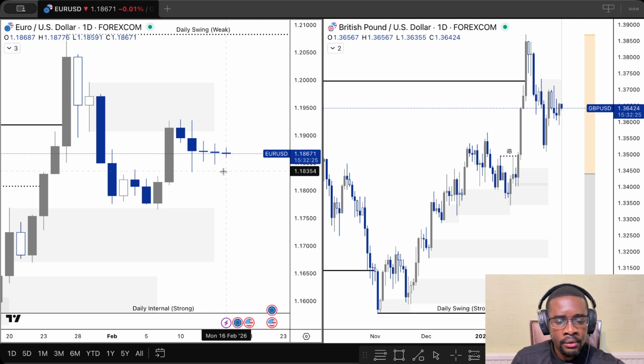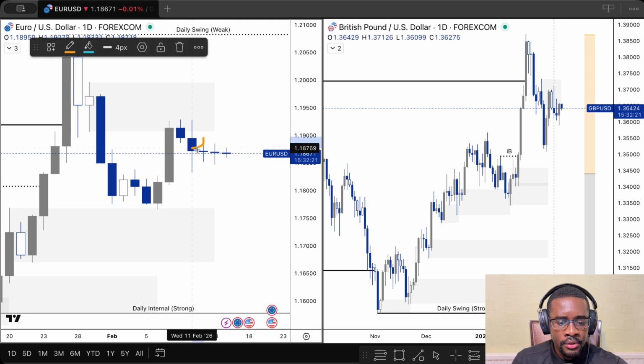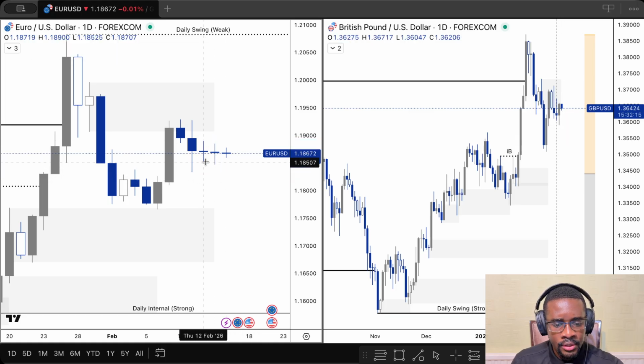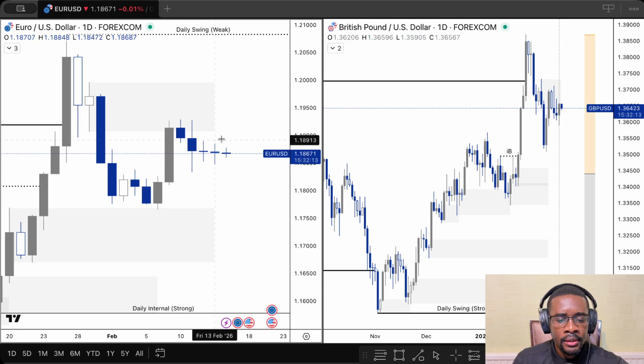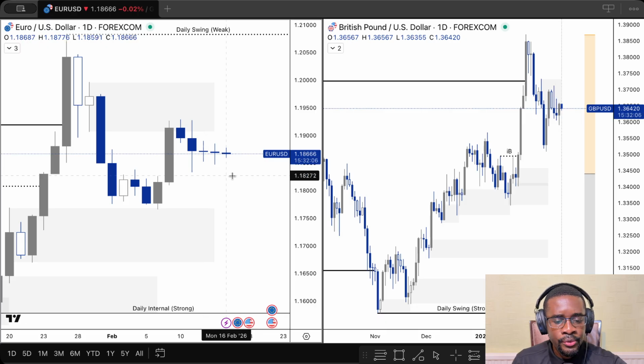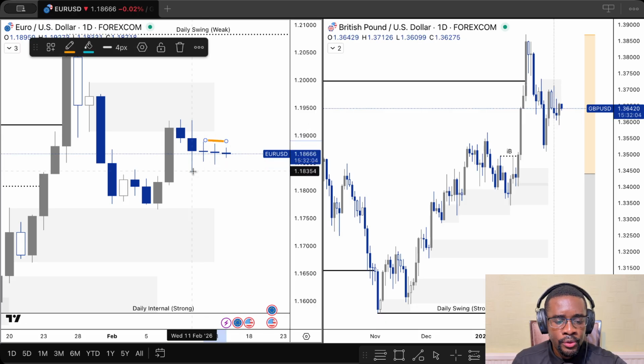Right now there is a lot of indecision. This was Thursday and this was Friday, and price is just creating these small dodgy candles. So it's preparing for a move, that's for sure. We'll have to wait and see once we break out of this range.